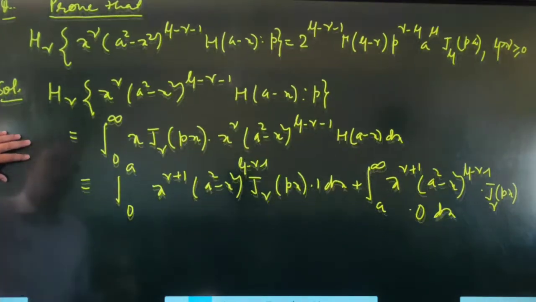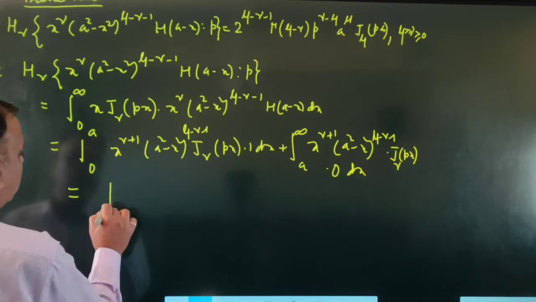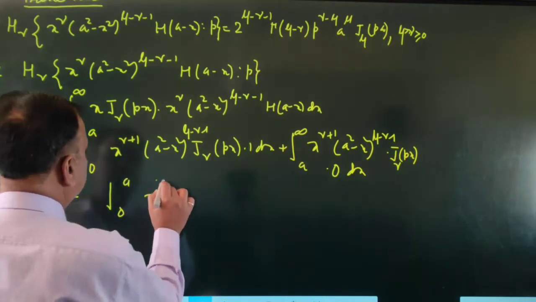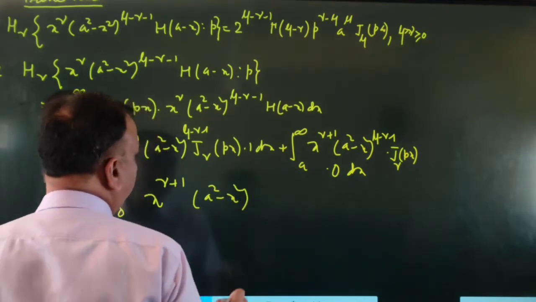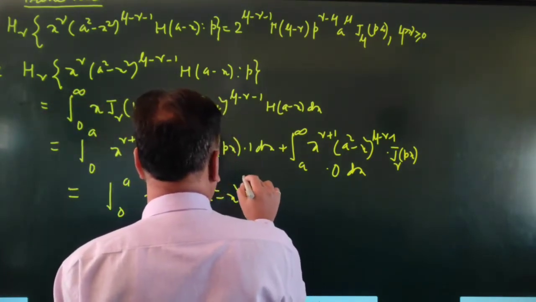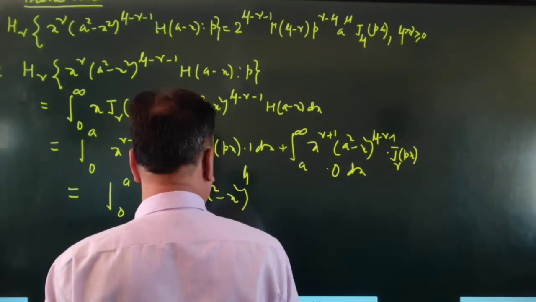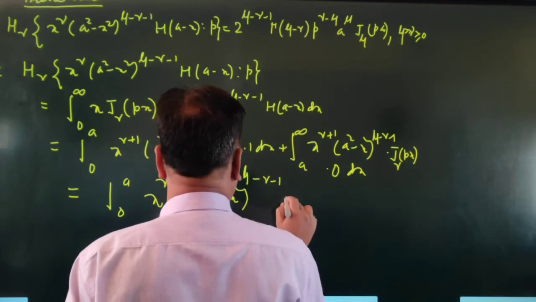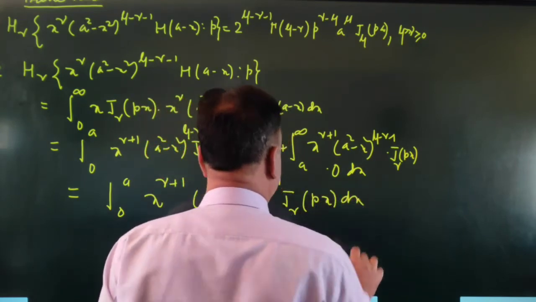So we get the integral from 0 to a of x raised to nu plus 1, (a square minus x square) raised to mu minus nu minus 1, J nu(px) dx.